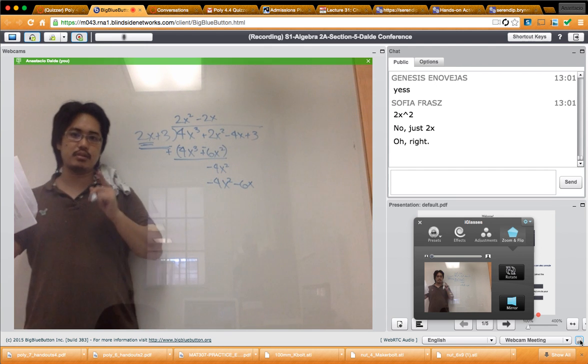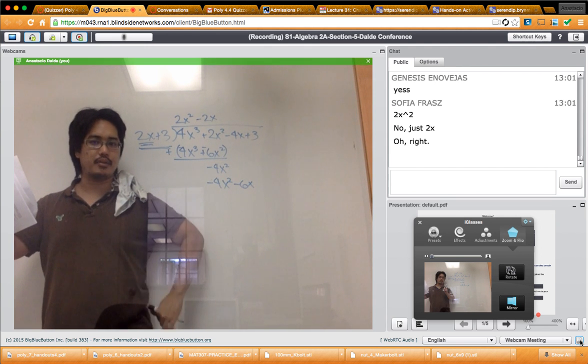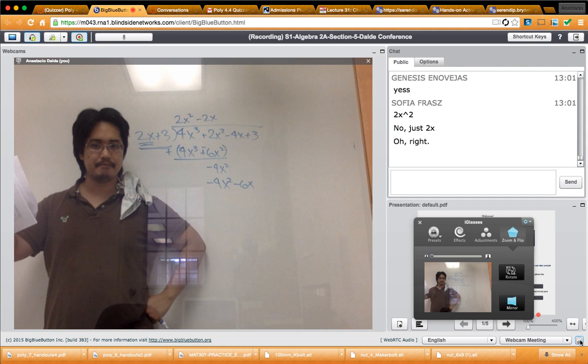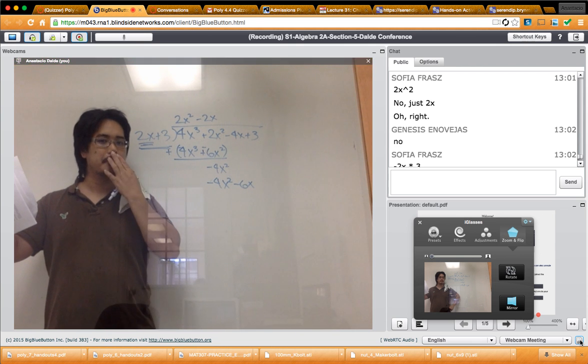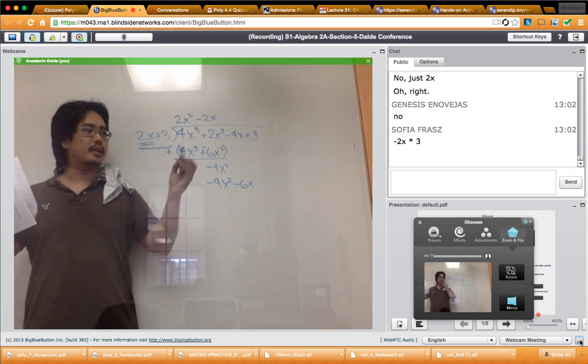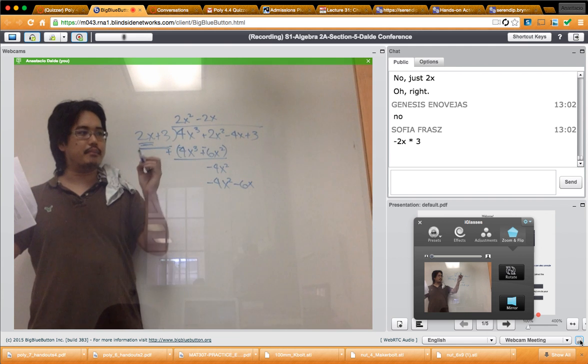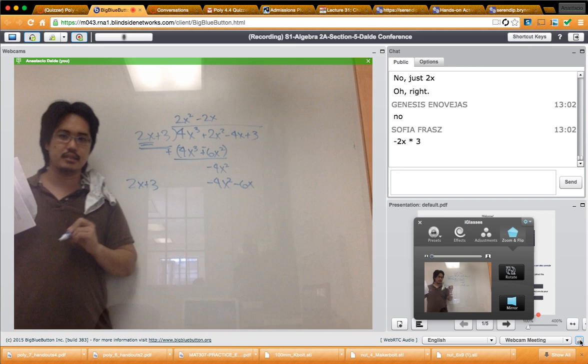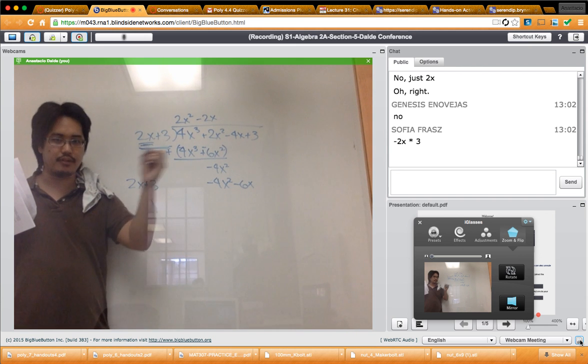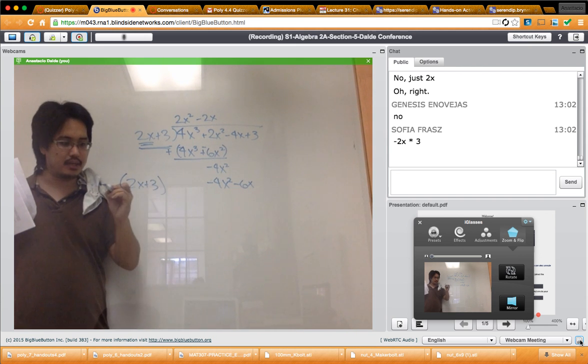Genesis, do you understand where I got the minus 6x from? Okay. I had a feeling you didn't, so that's why I asked you. I took the negative 2x and I multiplied it here. I basically took my 2x plus 3, that's this part in front, and I multiplied it by negative 2x.